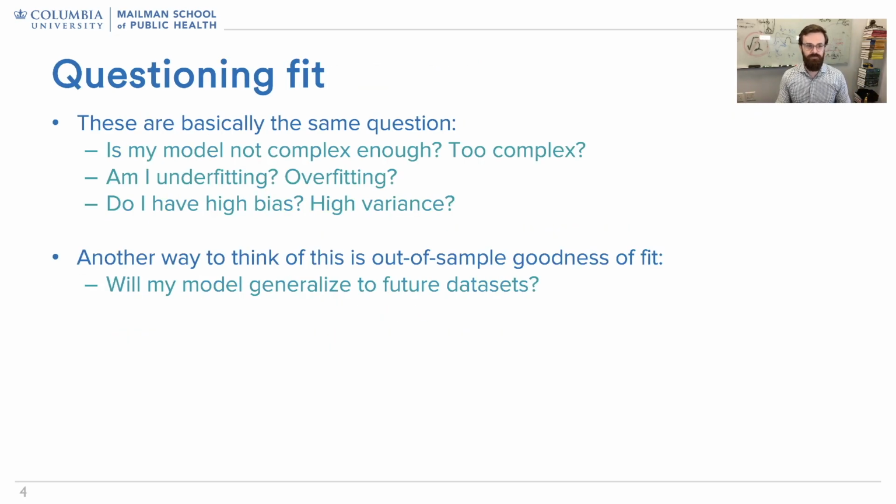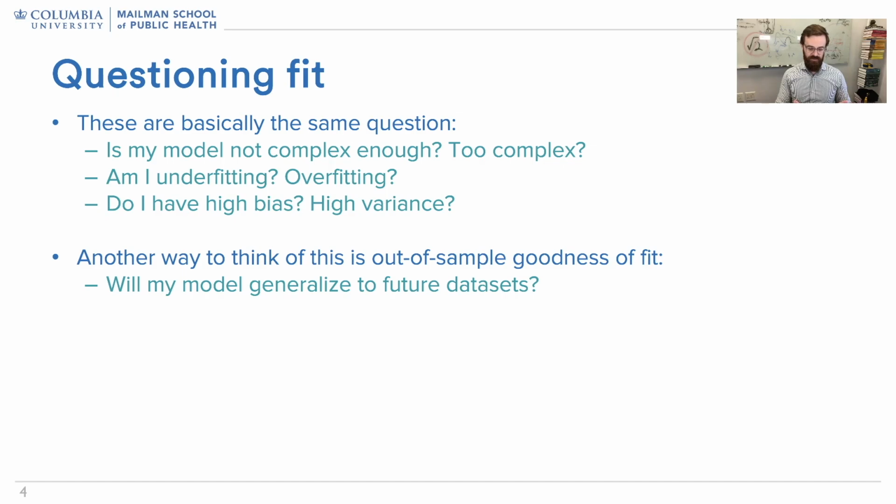Okay. A lot of what model selection boils down to is asking questions about that, right? Like, how good are my fitted values, and is my model complex enough or too complex? And a lot of the ways that you might frame these questions are really related to each other.